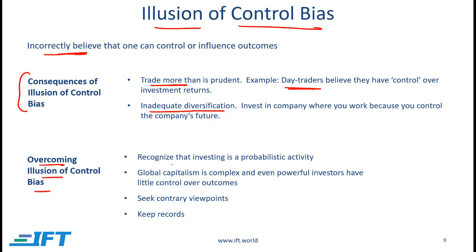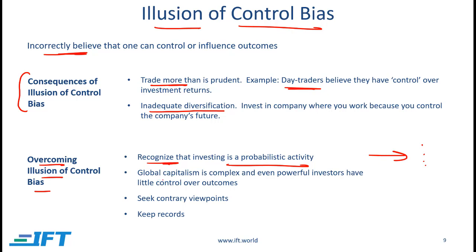One thing to do is to recognize that investing is a probabilistic activity. So investing is not a situation where you do X, Y, Z and you can be sure of a given result. There are so many complex variables involved that the performance of a given investment is fairly probabilistic. So we aren't sure exactly what is going to happen.